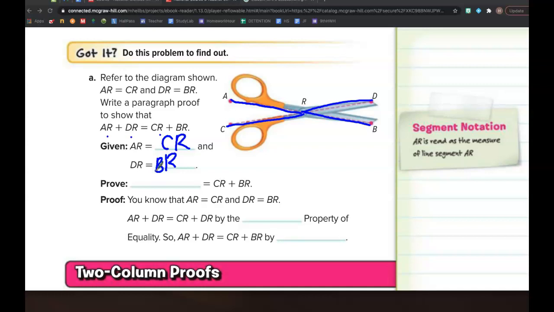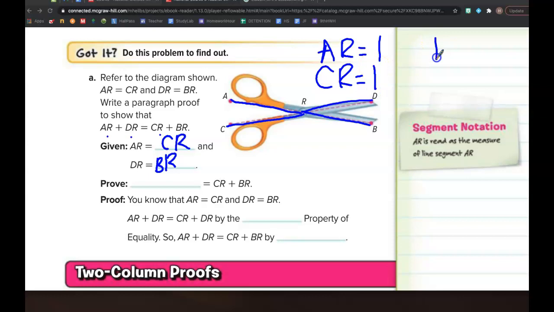Okay, so if I were to assign AR and CR numbers, I think that's the easiest way to visualize. If I say that AR equals 1, we also know that CR equals what? 1.